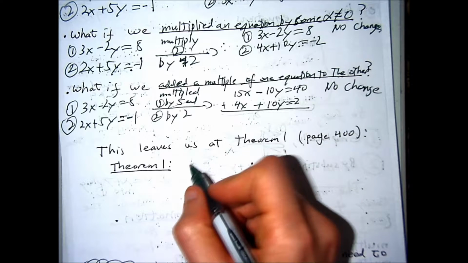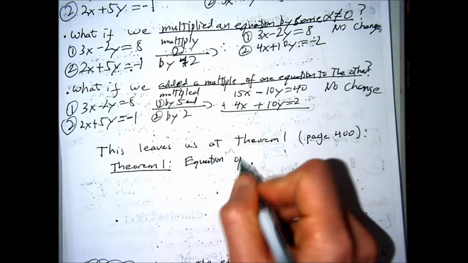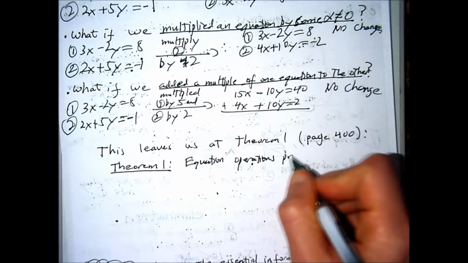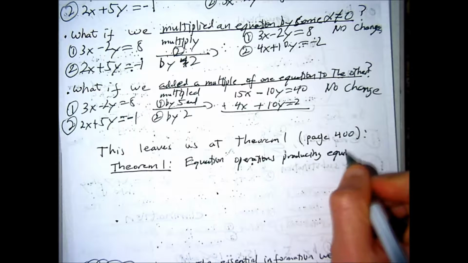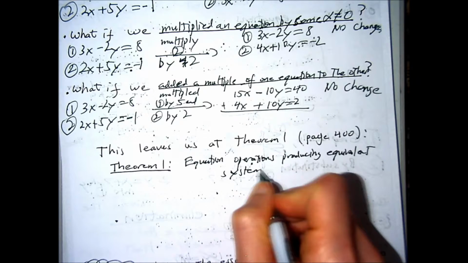And this is equation operations producing equivalent systems. Okay.